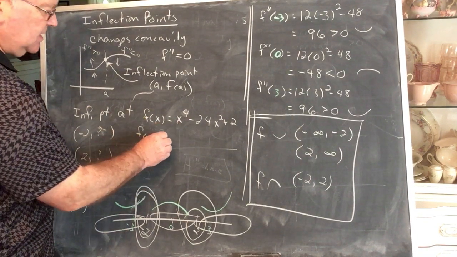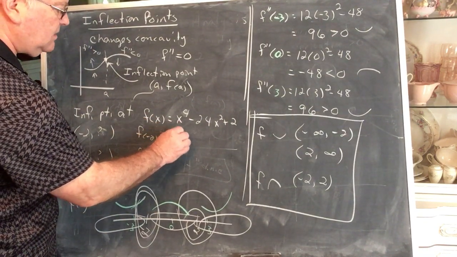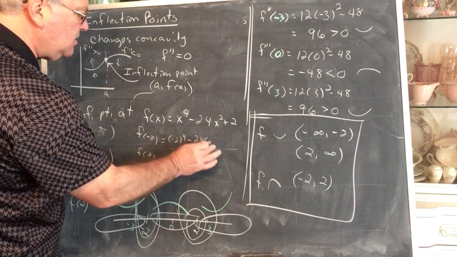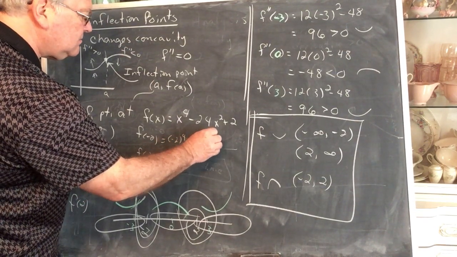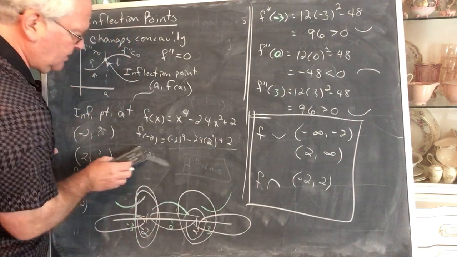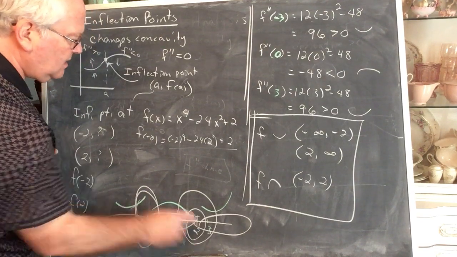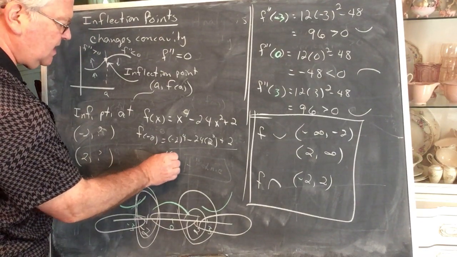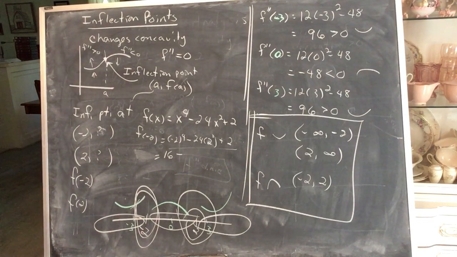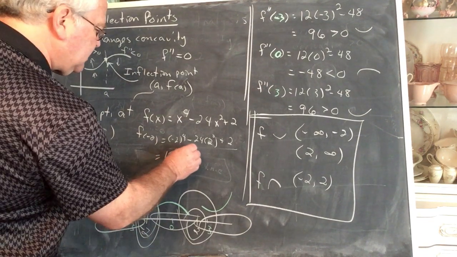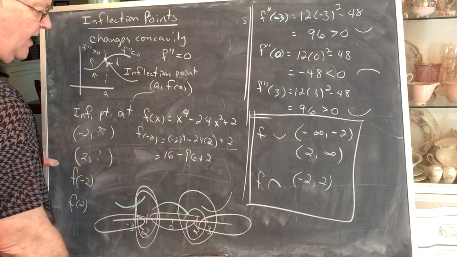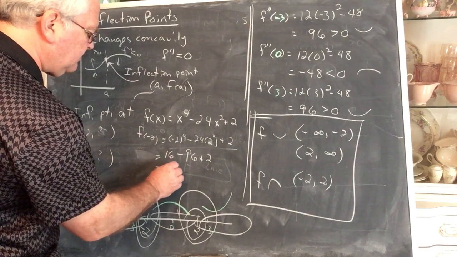In this case, this is -2 to the fourth minus 24 times -2 to the second, plus 2. So how much is that? I don't have a calculator with me. So that is 16 minus, I need 24 times 4, that's 96, plus 2, which is -80 plus 2, which is -78.